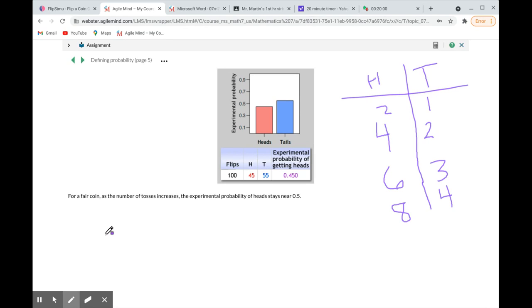Because it says that you're going to land on heads twice as often as tails. So Emma said that would be close to 100%.